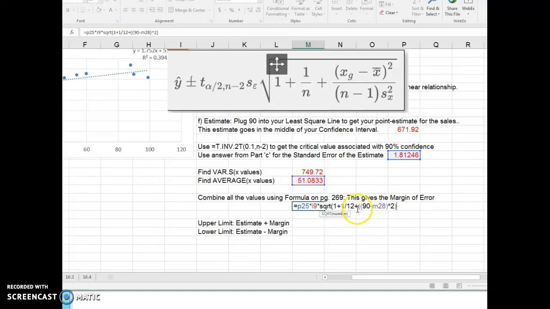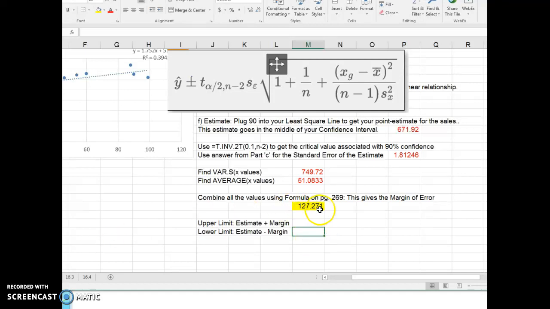And so I put that whole thing in parentheses just to be safe, because I'm dividing that whole thing by n minus 1, which is going to be 11. And then this is the variance here, the standard deviation squared's variance, and that's what else we found here. So 11 multiplied by M27. All right, and so now close out the parentheses for the square root. And when I hit enter, that is my margin of error.